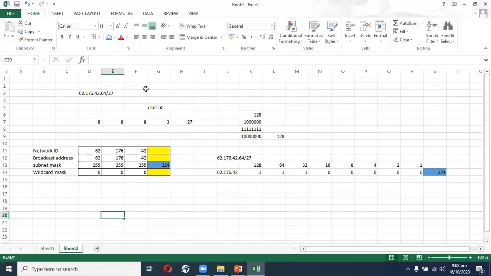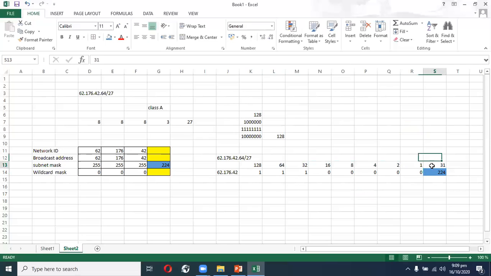So our subnet mask for this IP is 255.255.255.224. Now to find the wildcard mask, all we have to do is add all zeros. In a way, wildcard is the opposite of the subnet mask. For the subnet mask we added all ones; for the wildcard mask we add all zeros. So 16 plus 8 plus 4 plus 2 plus 1 gives us 31.